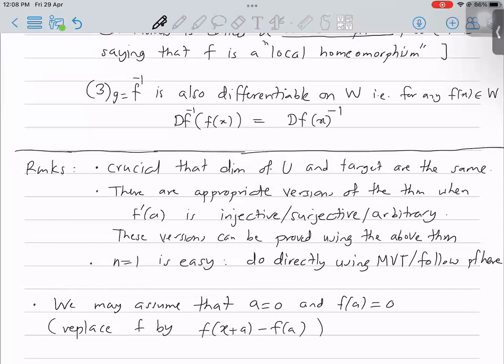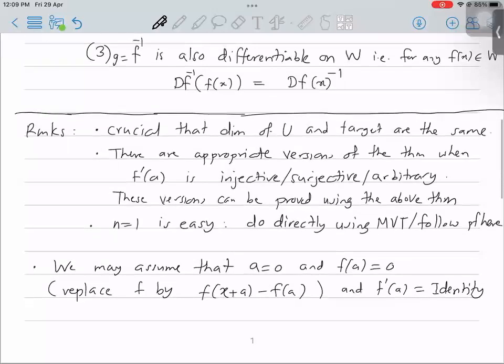But more interestingly, we can also scale this. This should remind you of what we do to get the mean value theorem from Rolle's theorem, right? You just adjust it. So the scaling is to ensure that the derivative is not just any invertible matrix, but we can even make it identity. F prime of a is equal to identity. So how do we do this?